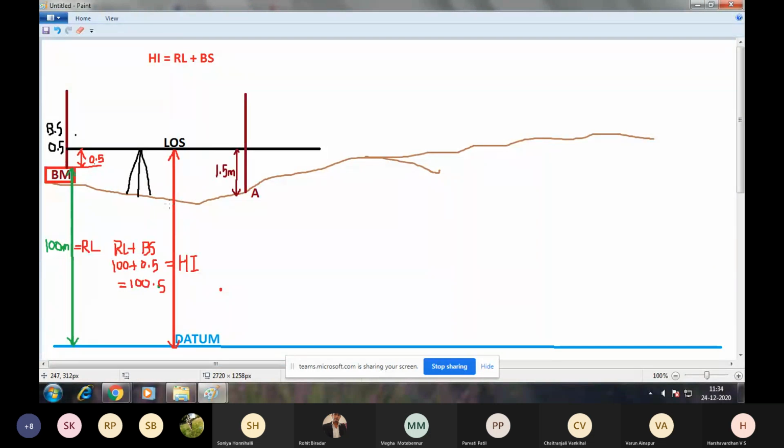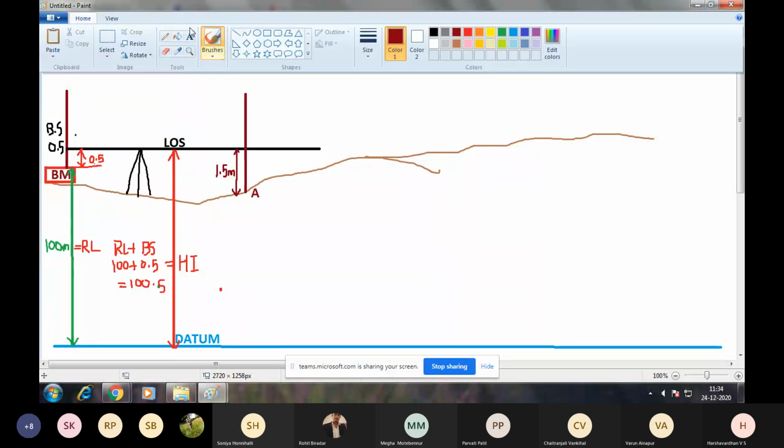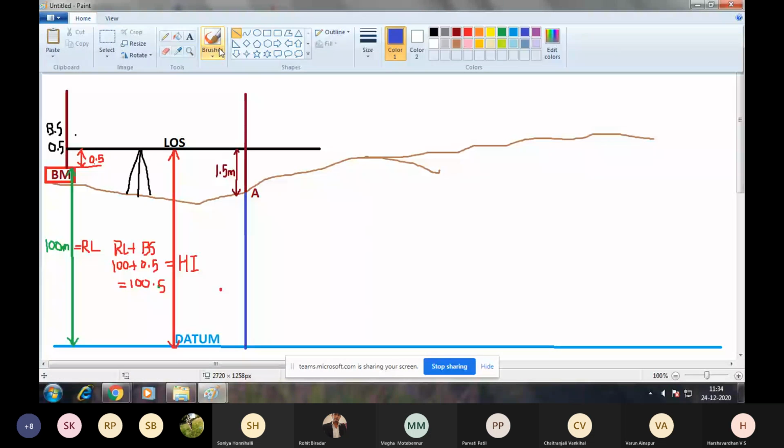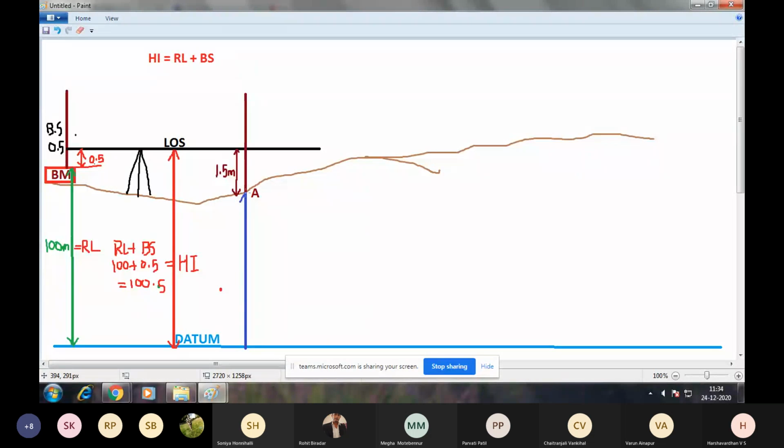Now, in the vertical plane, how do I calculate its elevation? The elevation of point A is the distance from point A to the datum. This is the RL of A. I have already calculated the height of the instrument.